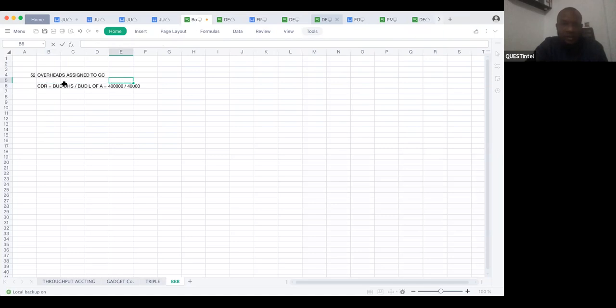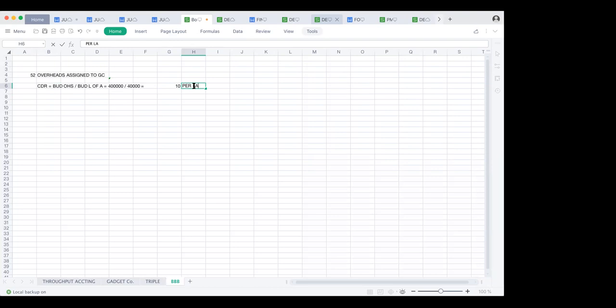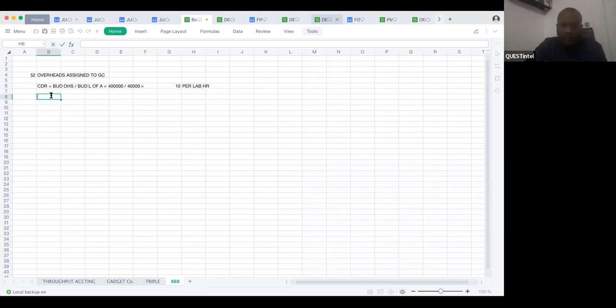Is there any need to state that? If there's any other thing we should add, I'll be glad to. So 10 per labor hour. So number of hours for GC is equal to 300.